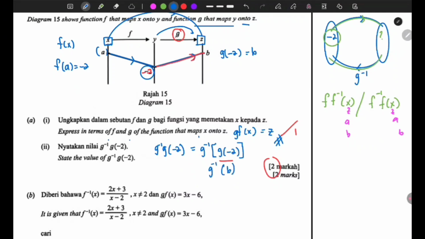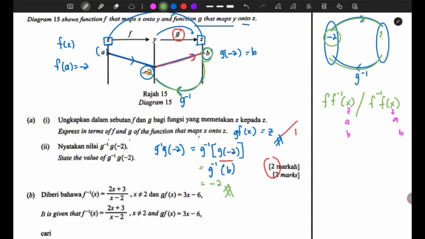So what is g inverse b? So inverse means songsang, isn't it? It's go reverse. So g inverse b. So b, and I use this bridge, the inverse function bridge. I get back -2. So no matter what, you still get the same thing.